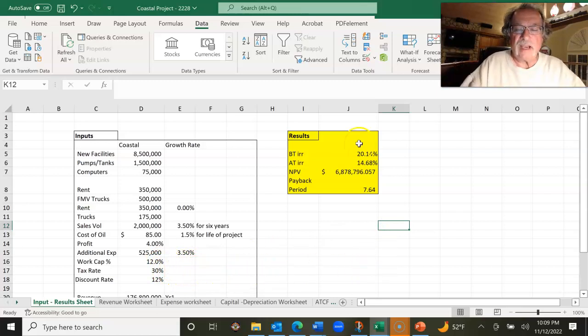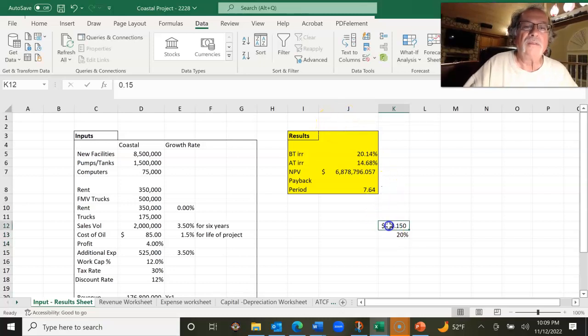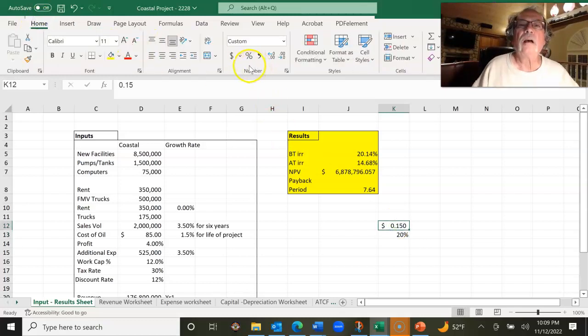So let's have a tax rate of 15%, 20%, and let's just drag that down to 40%.